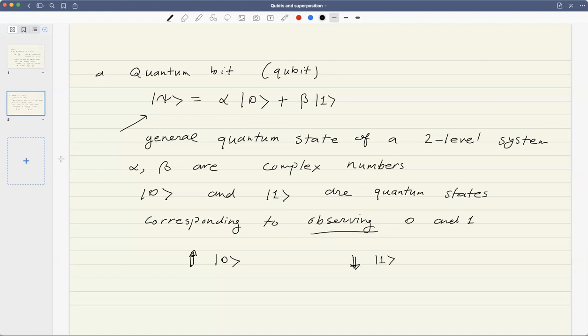So consider a scenario where we can prepare identical copies of the same quantum state. So let's do this thought experiment.